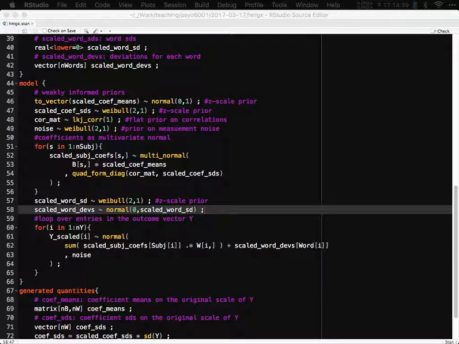They'll deviate from their family mean, and then maybe they also deviate in terms of what their effect is.